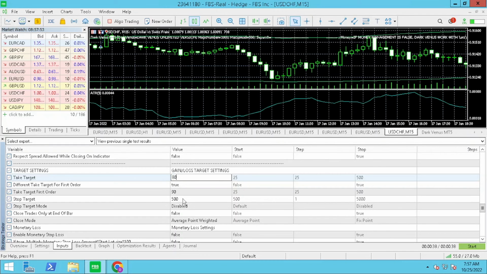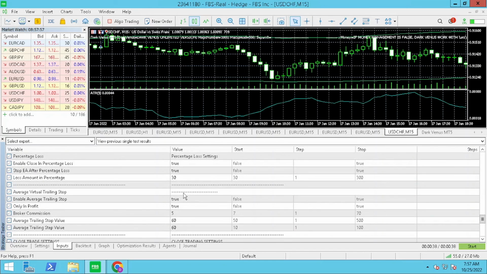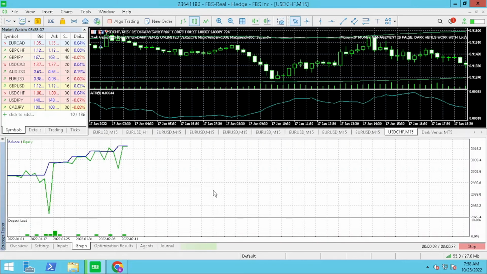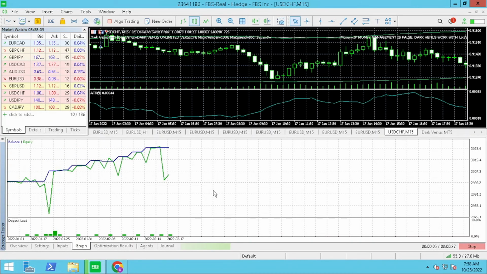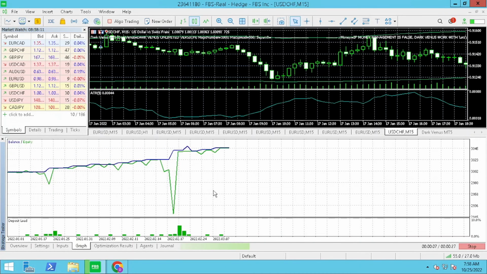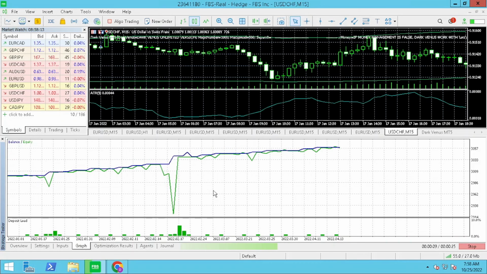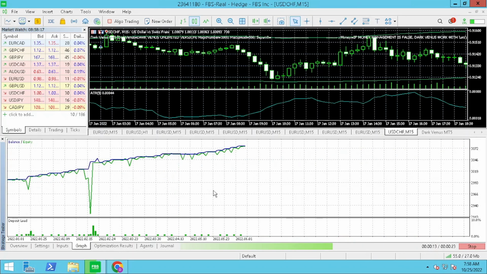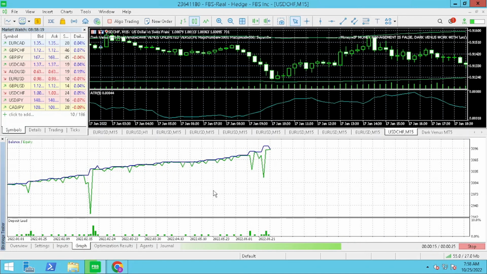So what I'm going to do is adjust the take target to 80 and the take target for the first order to 100. I'm also going to adjust the average trailing stop value and step value. I recommend trading with a trailing stop if you are new, as it is a great way for you to learn how to follow a trade.